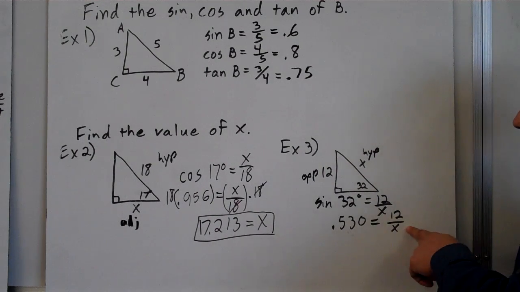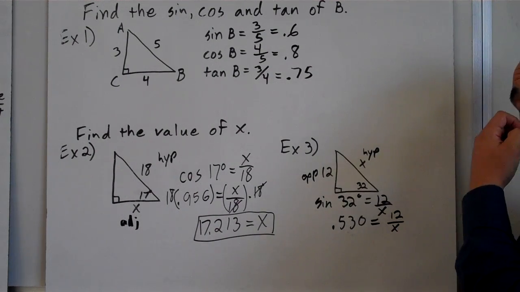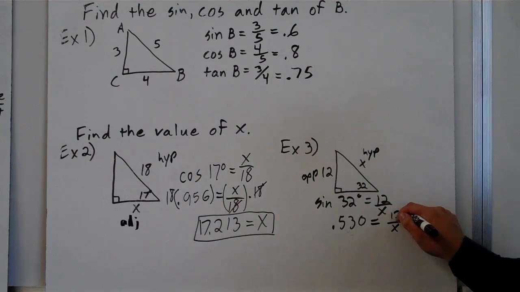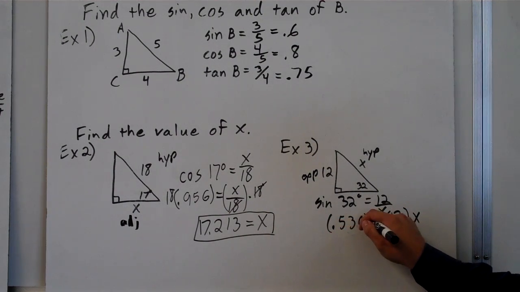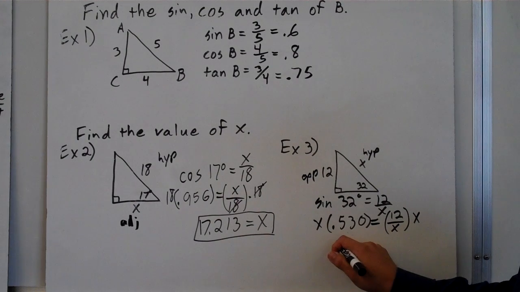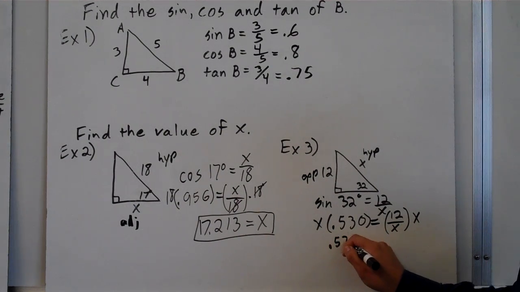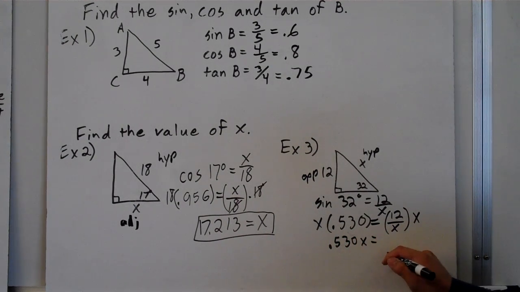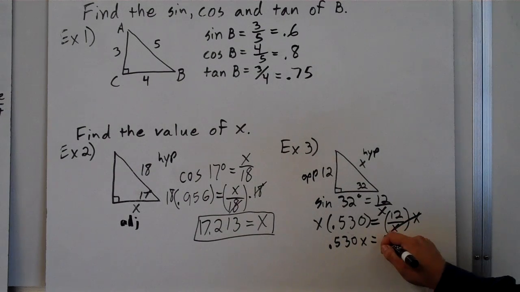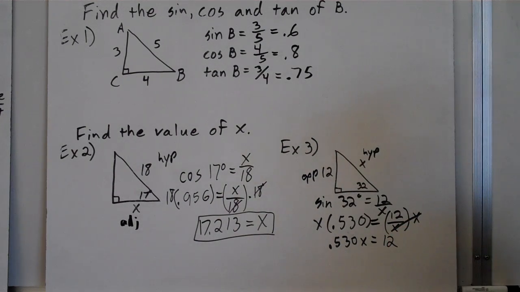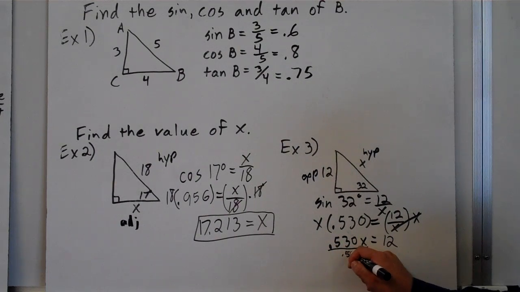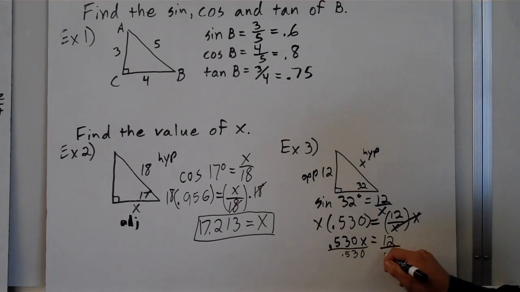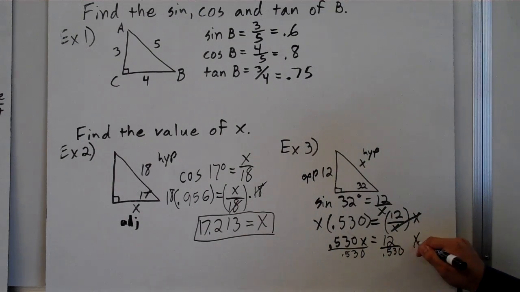Okay, again, all I'm trying to do is get x by itself, so I'm going to have to do a little bit of manipulation here. To get x out of the denominator, I have to multiply by x, which means I have to multiply this by x, and I get 0.530x is equal to, those x's cancel out, I'm just left with 12. Now I have to divide the 0.530 from both sides, and we'll get our final answer.